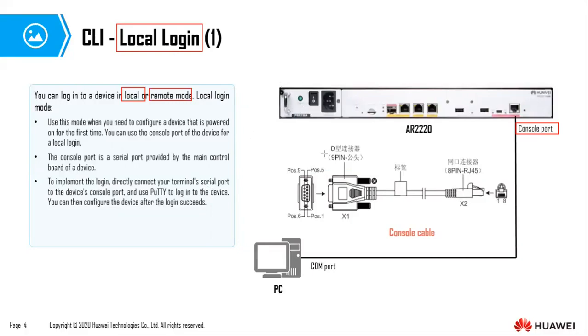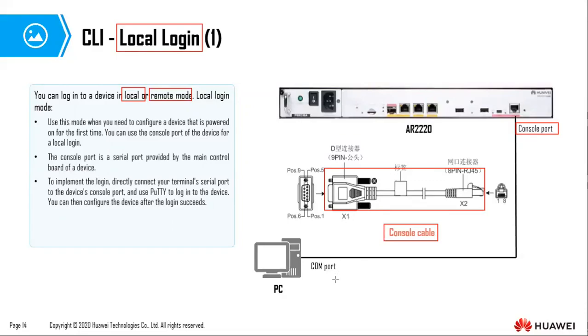Now, for example, this is what we call a console cable. A console cable is a serial cable that is used to connect your device to your computer. Normally, we do this during the initial configuration. We've just received this device from the procurement office, and now we want to configure it for the very first time.